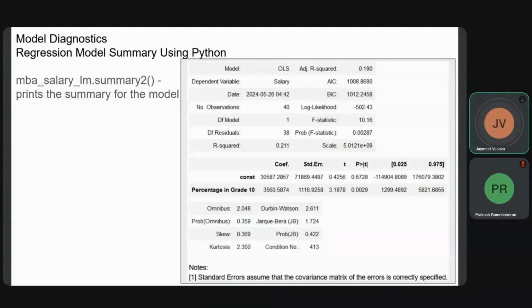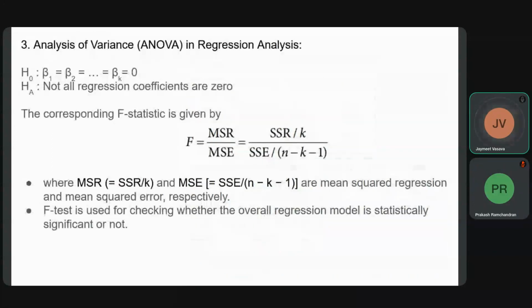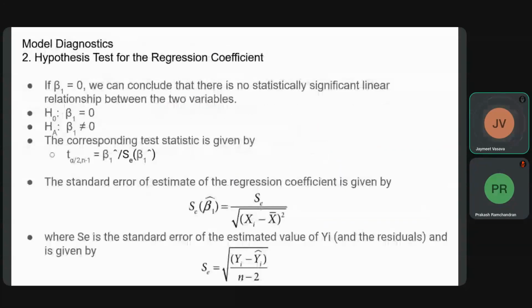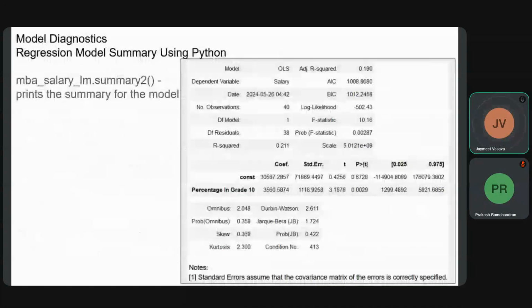Then comes the model diagnostics. We'll be running the summary over the MBA salary LM that we have discussed, and you can see that in the summary, whatever we have discussed in a theoretical way on these concepts, those numbers will be found.